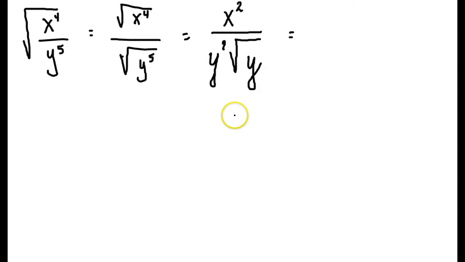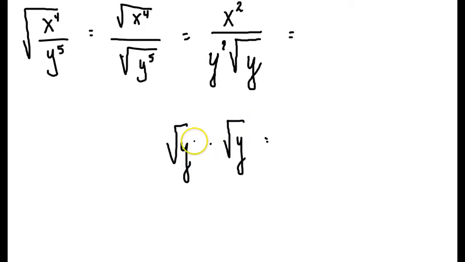So now if we have square root of y, what can we do just to get that y out of the square root sign? What if we multiplied it by another square root of y? Not y squared.